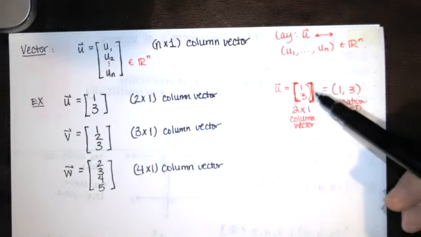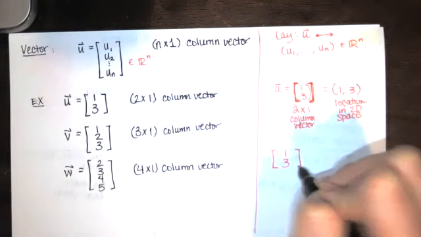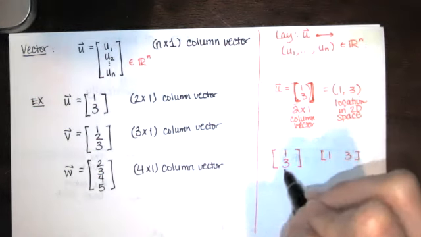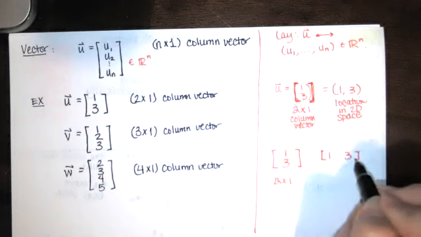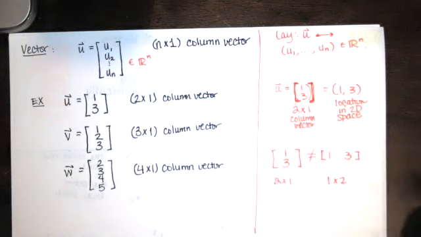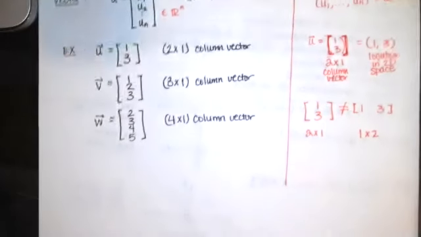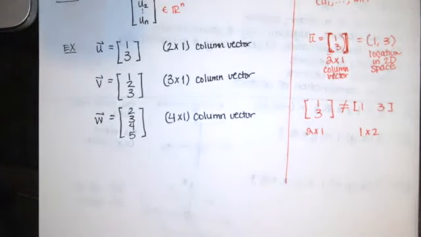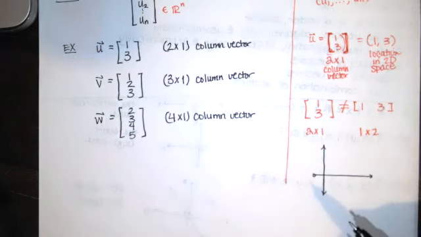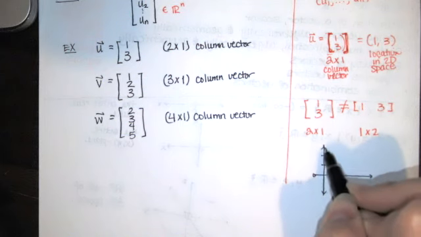Now, he does also point out that the vector 1, 3 is not the same as the vector 1, 3 over here. This is a column vector. It has 2 rows and 1 column. This is a row vector. It has 1 row and 2 columns. So these are not equal to each other, but he is saying that this vector 1, 3 corresponds to this point 1, 3. So if I were to draw the vector u in the way that we're accustomed to, I would go to x equals 1, y equals 3.